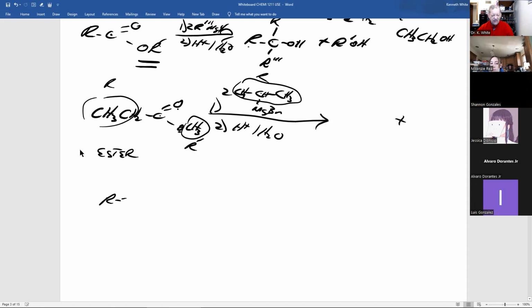If we take an ester and we react it with 2 molecules or moles of a Grignard, remember X can be chlorine, bromine, or iodide.